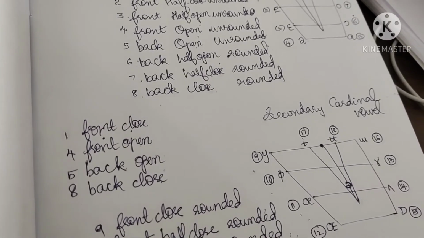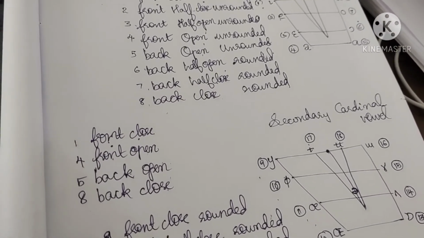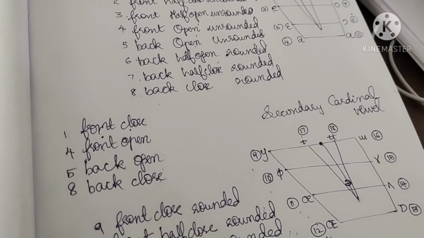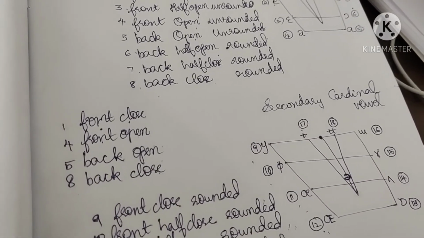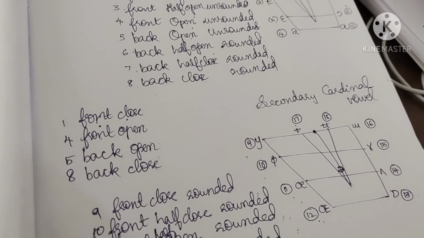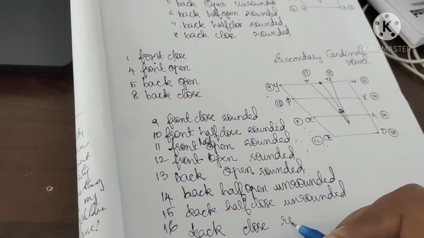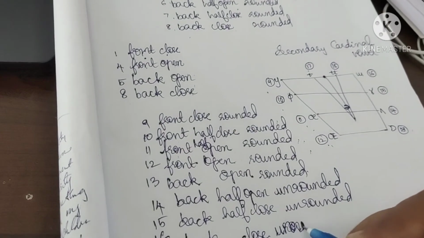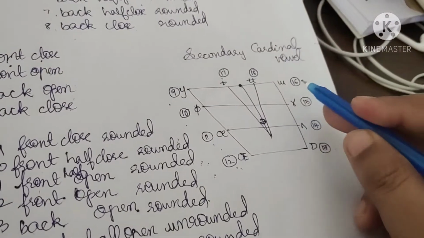Instead of rounded we will write unrounded. Back, half close, unrounded. Last one, back, close, unrounded. Instead of rounded we will write unrounded. So we have this 14, 15 and 16.